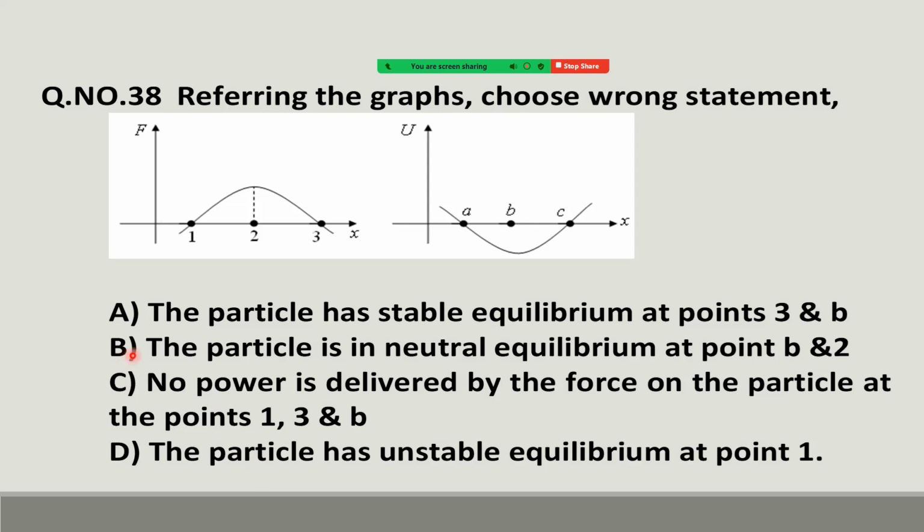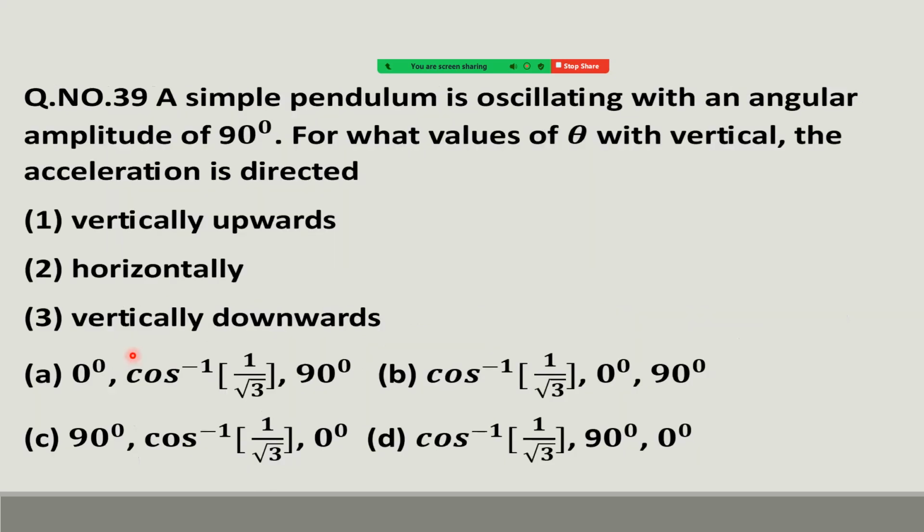Okay. Let us see next one. A simple pendulum is oscillating with an angular amplitude of 90. For what values of theta with vertical is the acceleration directed vertically upwards, horizontal, vertically downwards? Let us see.